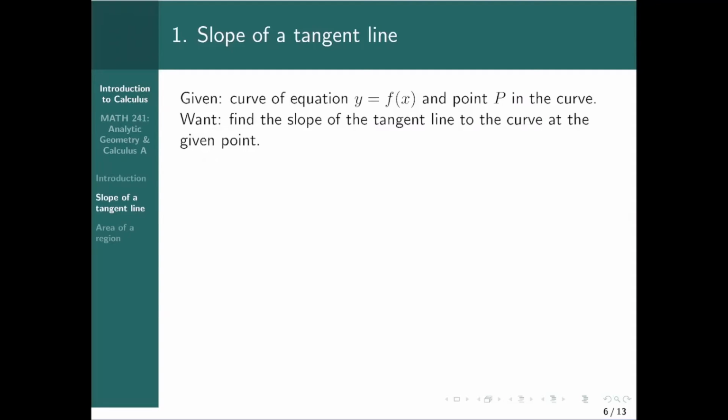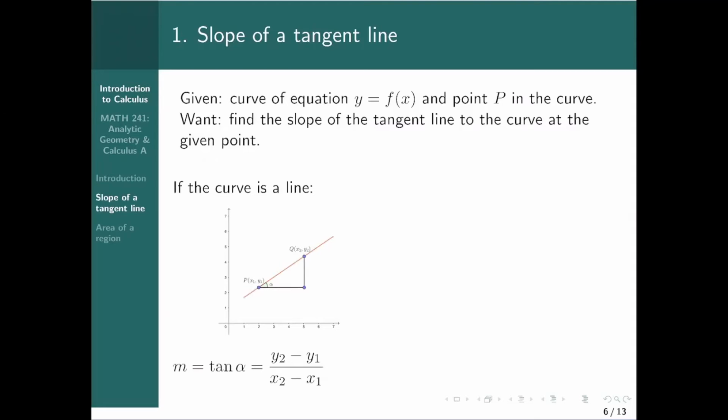Let's suppose you have a curve of equation y equals f of x and a point P in that curve. Well, how do we find the slope of the tangent line to that curve that passes through the point P? Remember that a tangent line to a curve at a given point is a line that touches the curve only at that point.